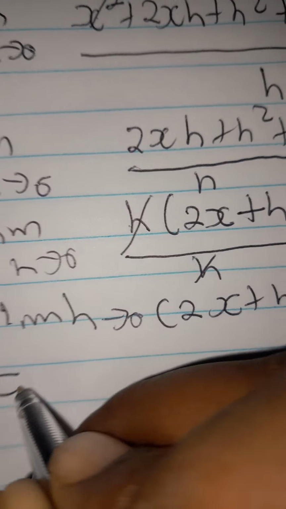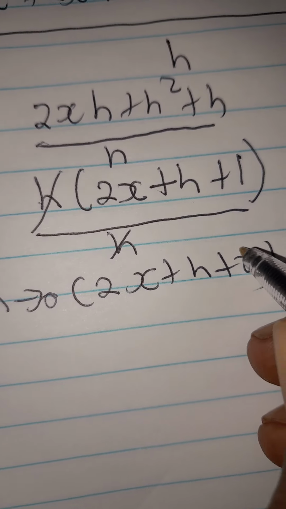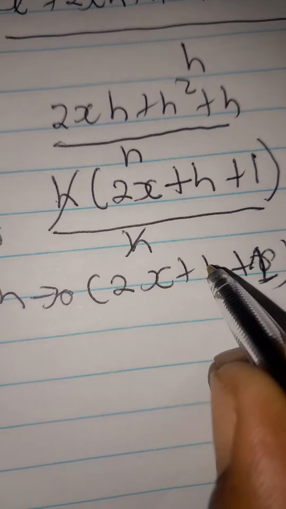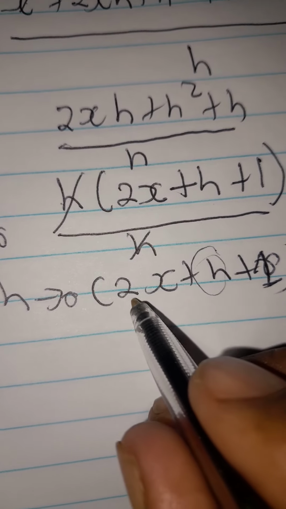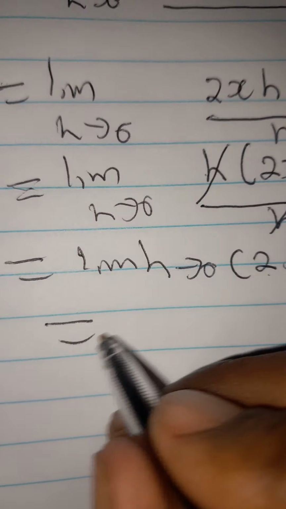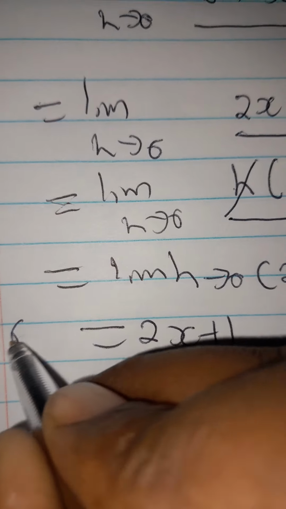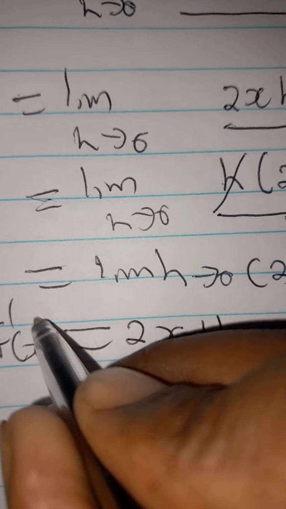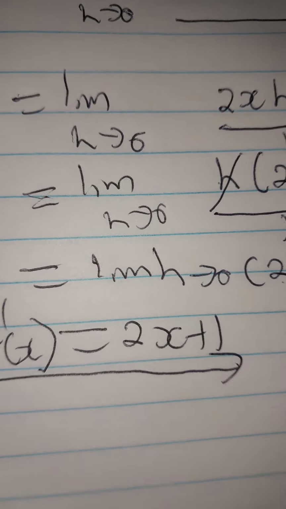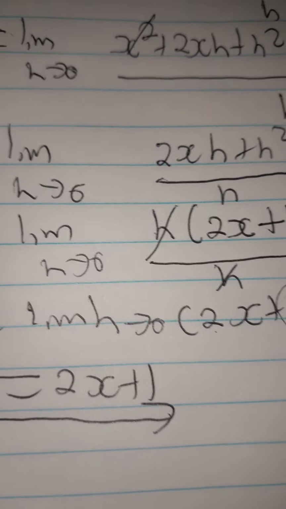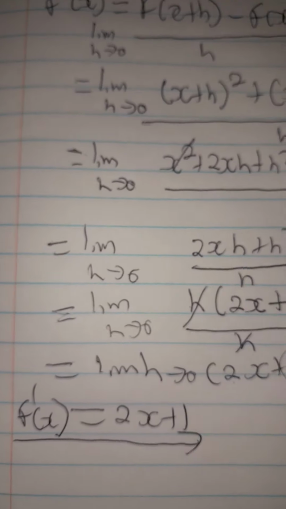All right, the last step will be when we substitute. When we substitute 0 here, we'll be left with 2x plus 0 plus 1, which is 2x plus 1. So that will be the solution. As I stated when we started, our solution will be 2x plus 1. So make sure you know how to check and make sure you know how to work with first principle.